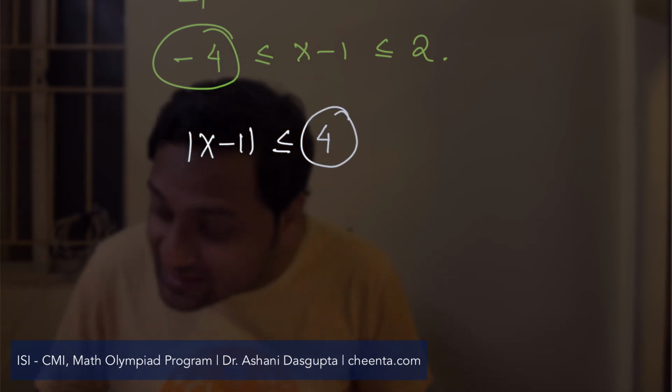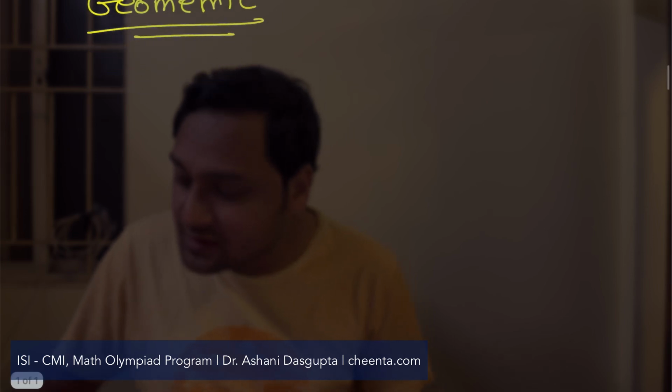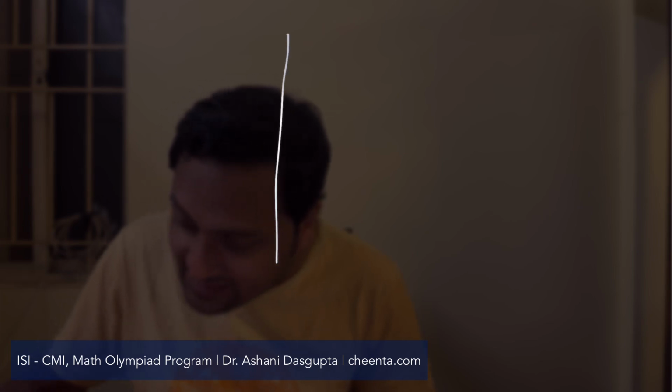But now let's look at this from a geometric perspective. First, we use the transformation of graphs. It's a very useful concept. So first let's draw the graph of x squared minus 4. This is the graph of x squared.